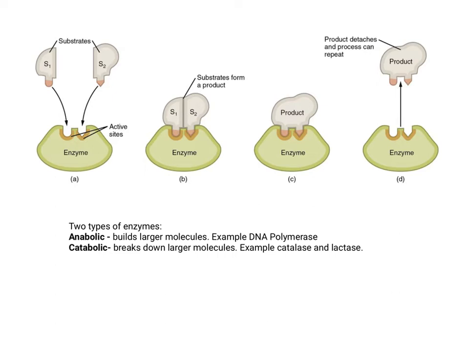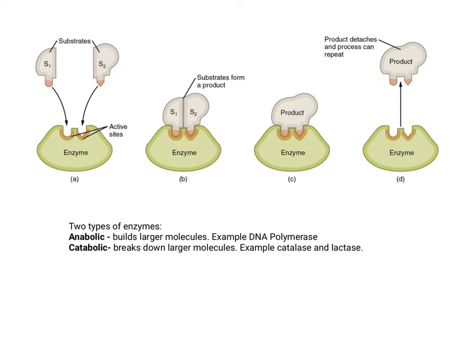I have this diagram on the screen because it shows you how an enzyme works. Here's your enzyme, and notice that it has this little space right here. This is called an active site, and how it functions is based on shape. Only something that fits into that specifically is going to work, or the enzyme is going to work on, and that's called a substrate.